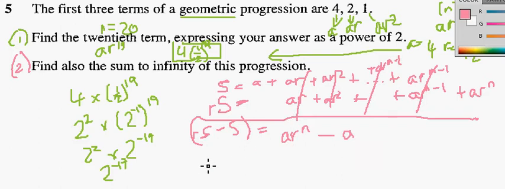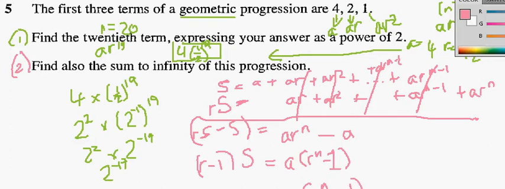Now both those can be factorized. rs minus s is the same as r minus 1 times S, big S for the sum to n terms. And if we take the a out, we get r to the n minus 1. Anyway, what we get is a times r to the n minus 1 over r minus 1.